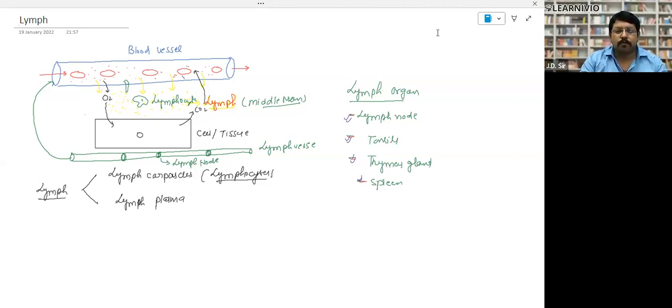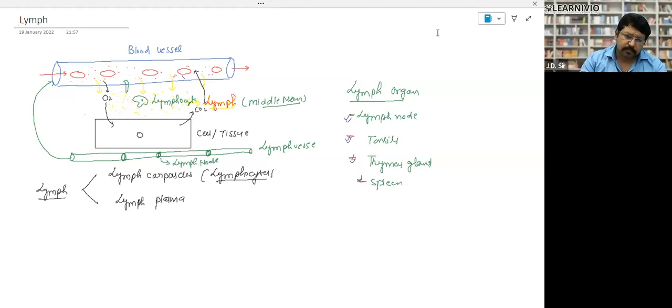When blood flows, some part of the blood plasma leaks out of these blood vessels, and some lymphocytes, meaning WBC, also leak out. This blood plasma and lymphocyte cells get collected between the cells or tissues and the blood vessels. This is called lymph, and lymph is known as the middleman.